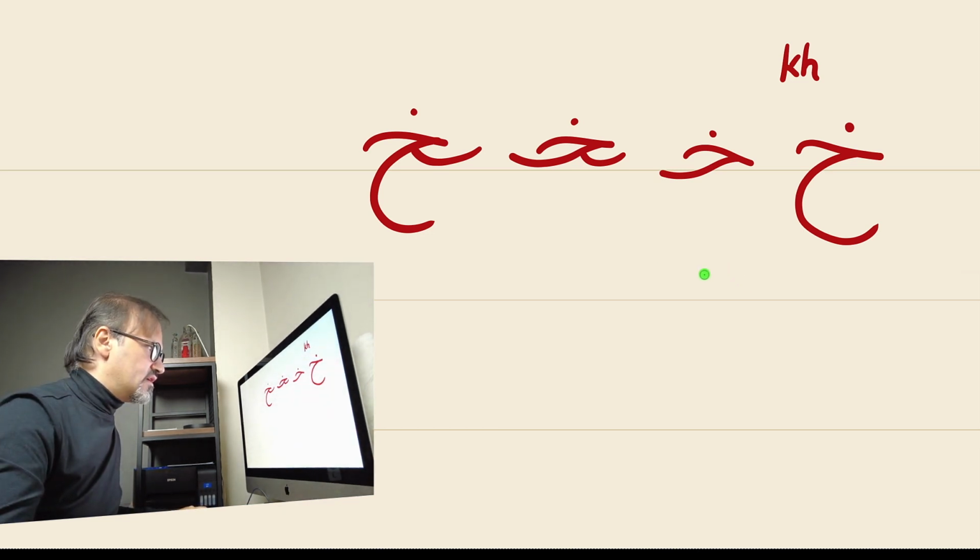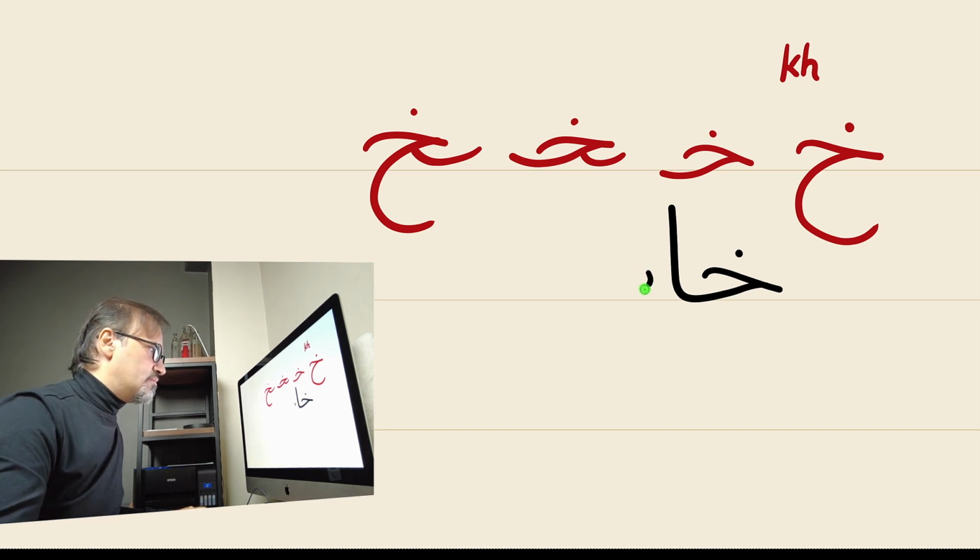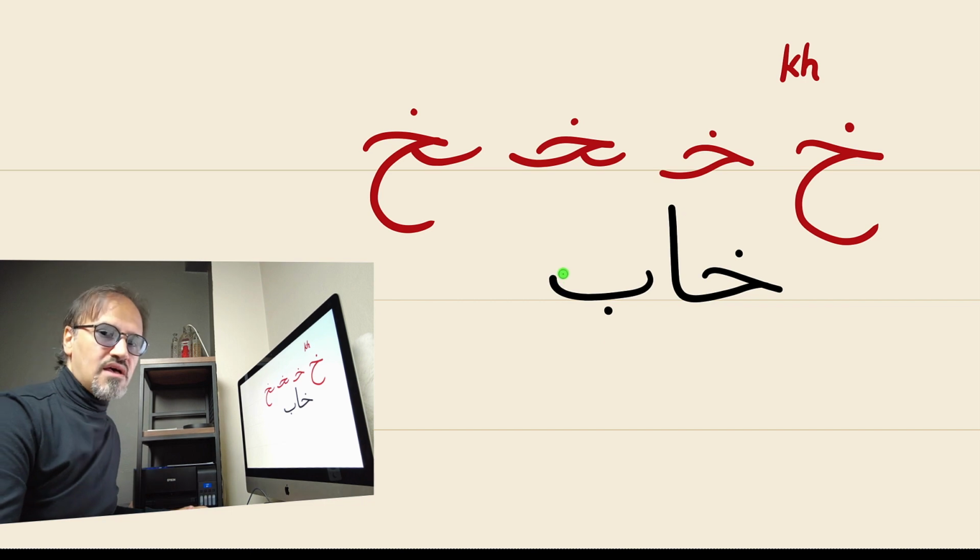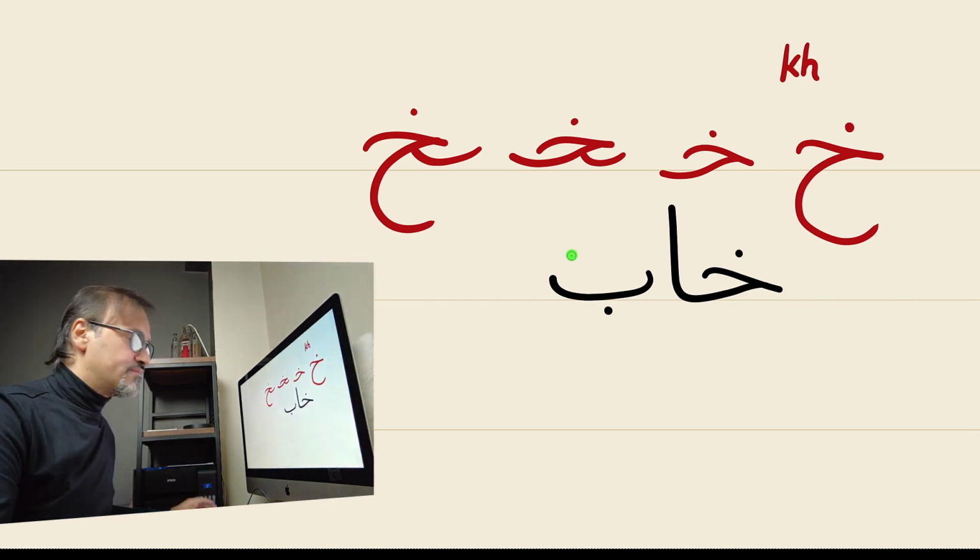So we have kh with an a. This is pronounced kha. Add a b to it and you have the word khab. Okay? Khab.